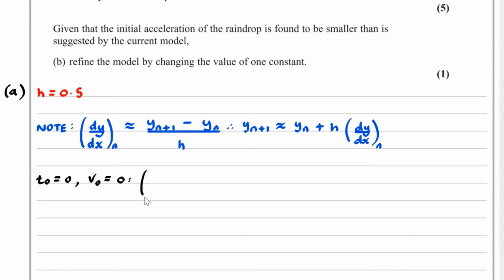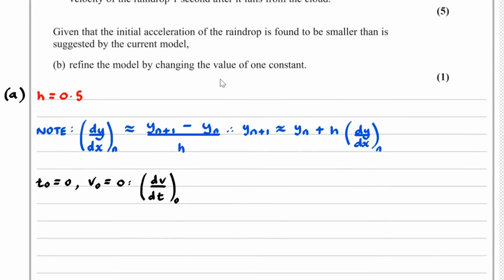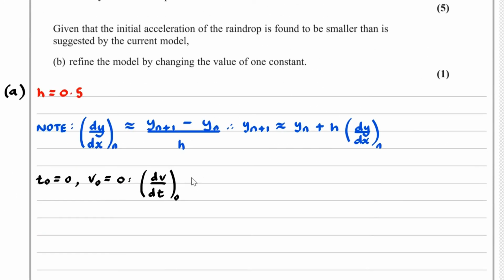With this we can find dv over dt naught using the differential equation.